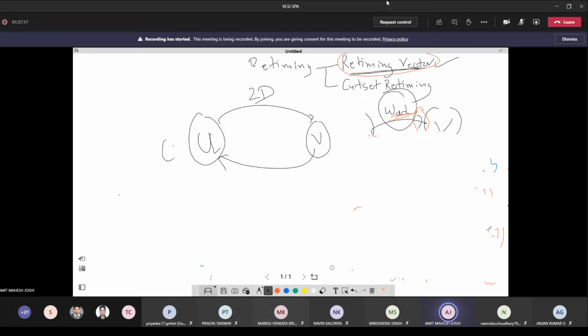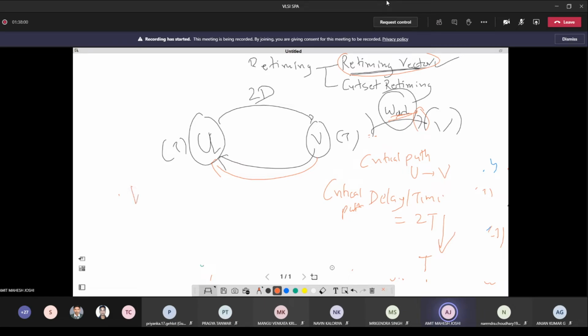This is still T, this is still T. Now again, originally the critical path is from U to V, and the critical path delay or time is twice T. My aim is to bring this twice T back to the best I can get, which is T. Now again I am applying the retiming concept that I applied previously.